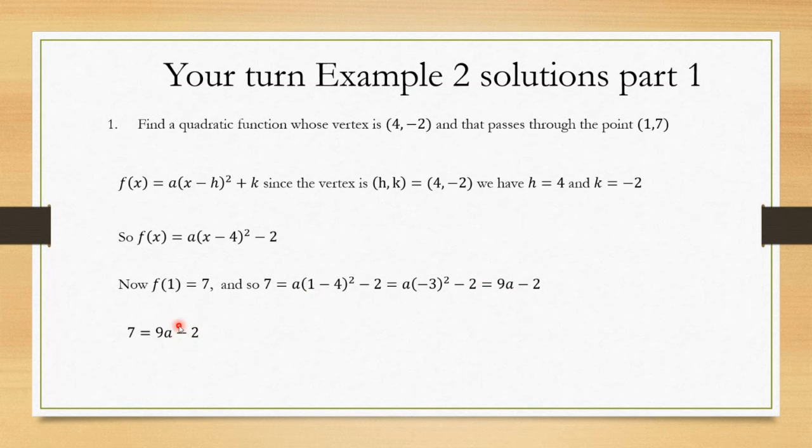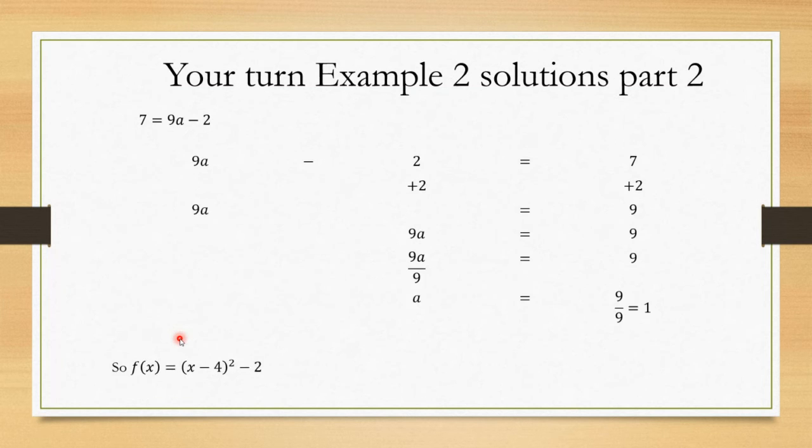We have to figure out what a is, right? It's not so bad. We have an equation to solve. Interchanging both sides, I do this. So let's get a all alone. We can add 2 to both sides, because we want to isolate it, so we get 9a equals 9.